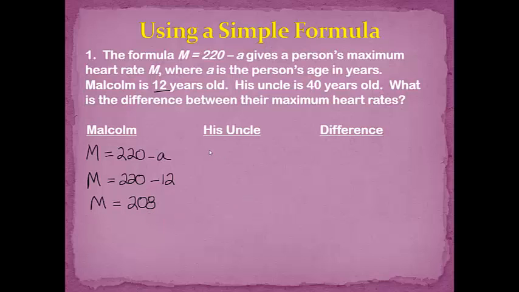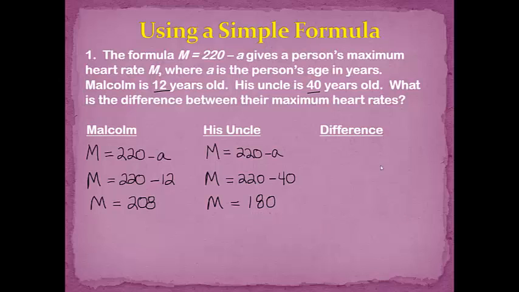Now we do the same thing for his uncle. So we use the same formula, m equals 220 minus a, and his uncle is 40 years old. So m will equal 220 minus 40, and so m is going to equal 180. So his uncle's maximum heart rate is 180.